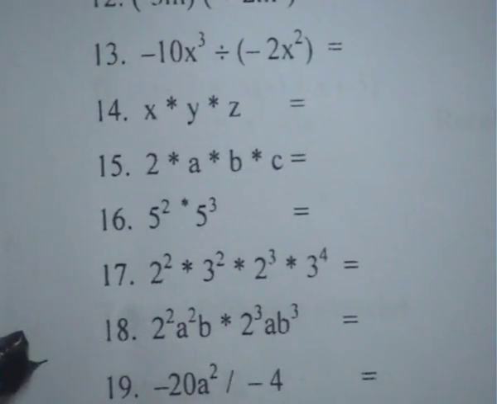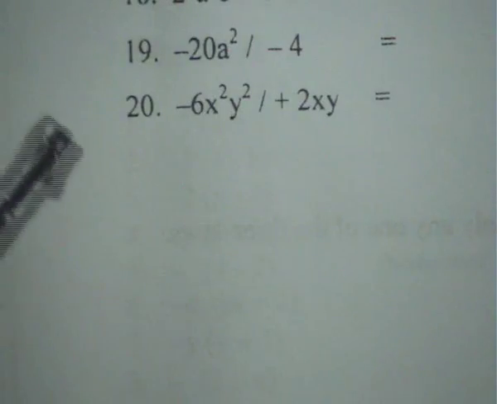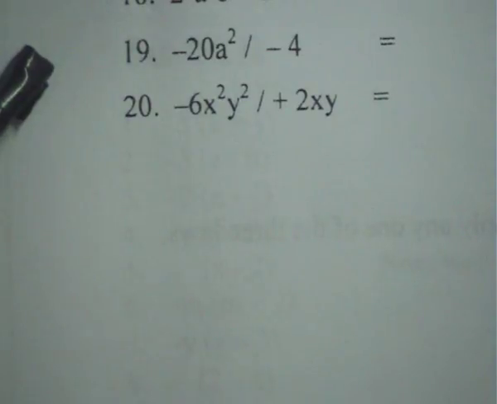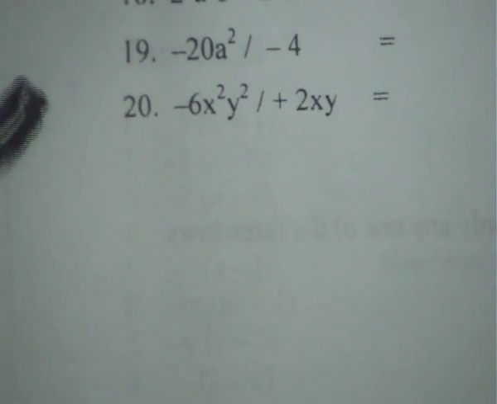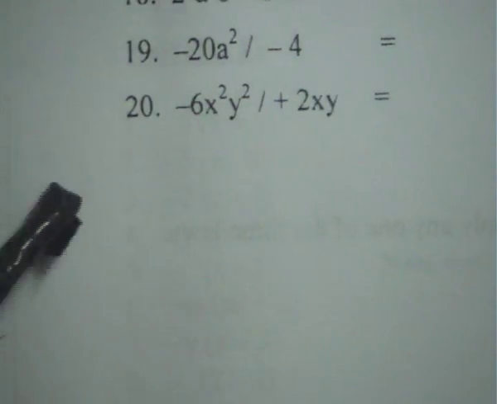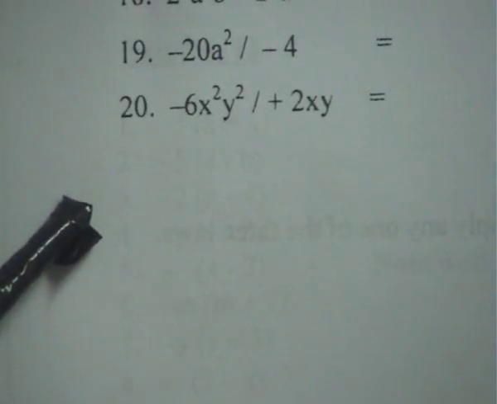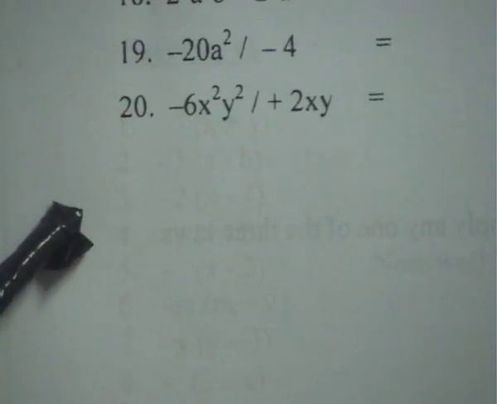Number 18, 2 squared a squared b times 2 cubed a b cubed. Number 19, minus 20a squared divided by minus 4. Number 20, minus 6 x squared y squared divided by plus 2xy.